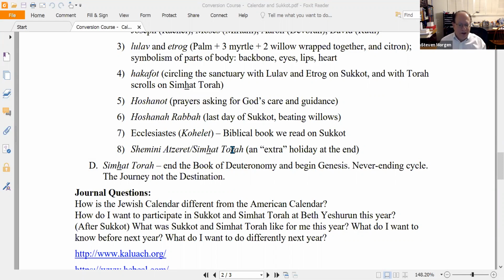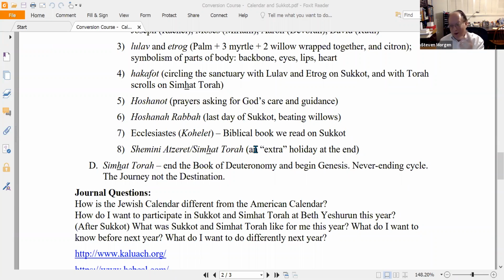So that's the celebration of Simchat Torah. Usually there's a lot of dancing, a lot of singing. Again, this is going to be hard to do this year because of the virus, but we do a lot of singing and dancing, and there's candy for kids usually. At Beth Yeshurun, when you circle around the sanctuary in the evening, we do it 7 times again.